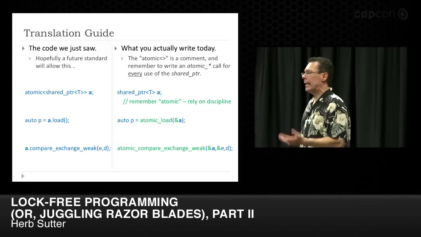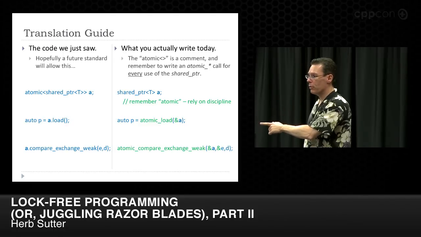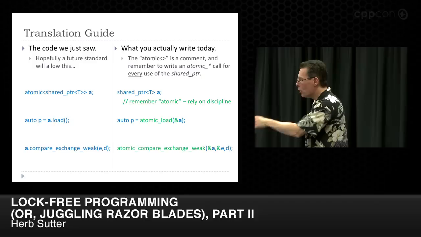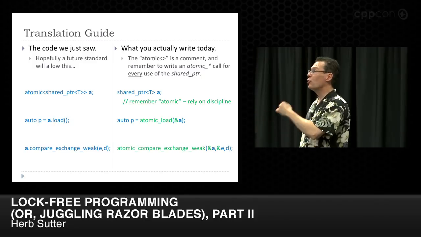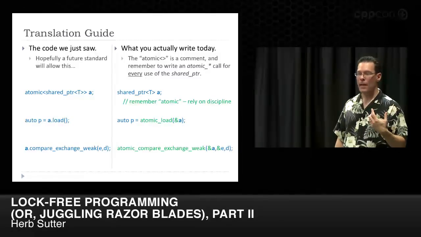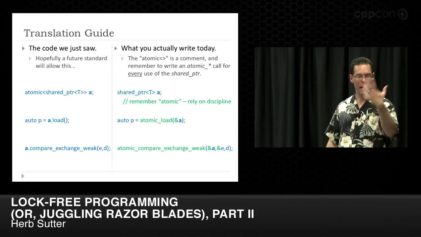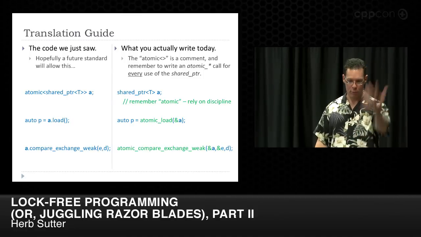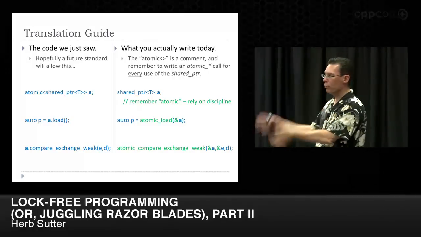The right-hand side you have today, but you do have to remember every time you touch that shared pointer, use that atomic load function to read it. Use the atomic compare exchange weak. Use the atomic store function to write to it. If you forget and you just read from your shared pointer, your code will compile and appear to work. You just wrote a race. And the definition of how a race manifests nearly always is your code compiles and appears to work. And so it makes it more brittle to use.